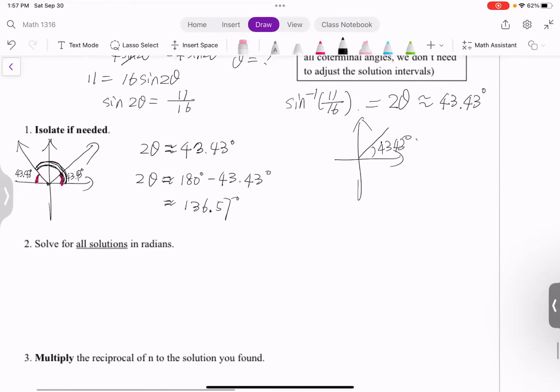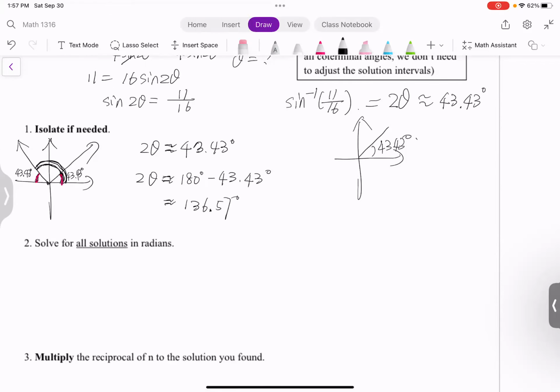All right. How about all the solutions? We can find all the solutions for 2 theta by adding n times 1 revolution, which is 2 pi or 360. So the general solution, or all solutions, for the first angle is 2 theta equals 43.43 degrees plus 360 degrees n, where n is an integer. And 2 theta equals 136.57 degrees plus 360 degrees n.